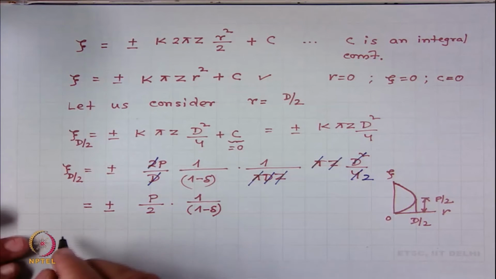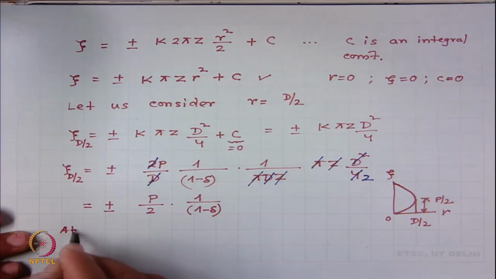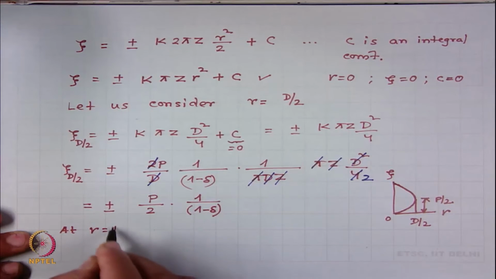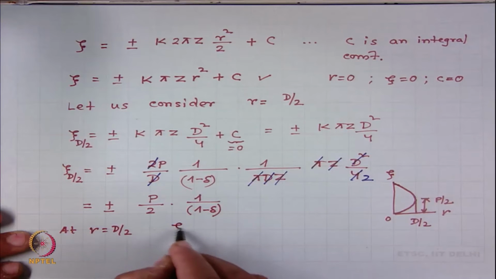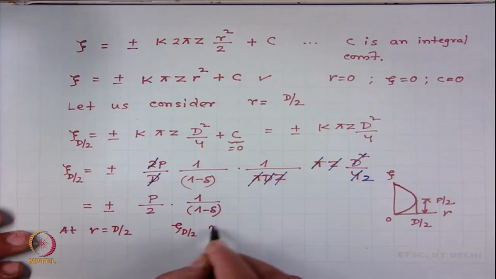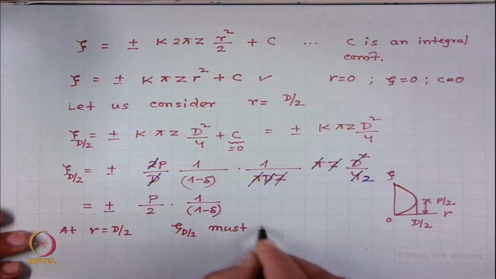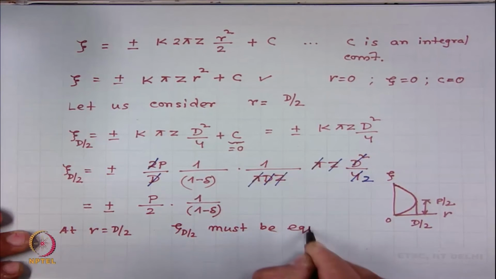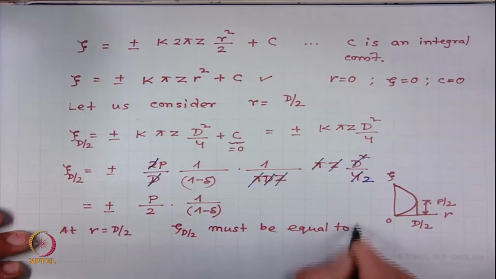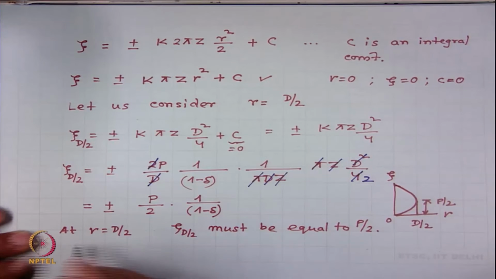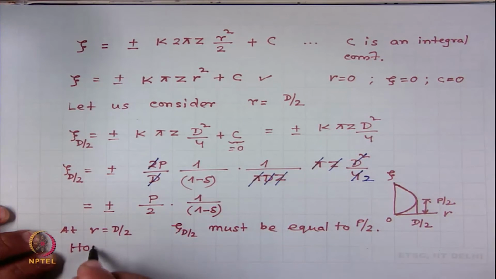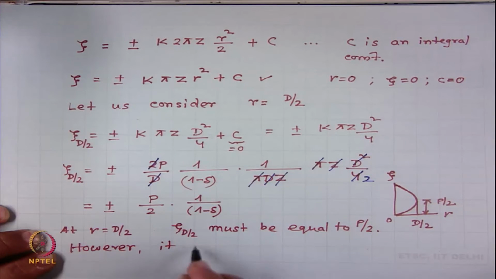So, at r equal to d by 2, zeta must be equal to p by 2. However, it is not so.